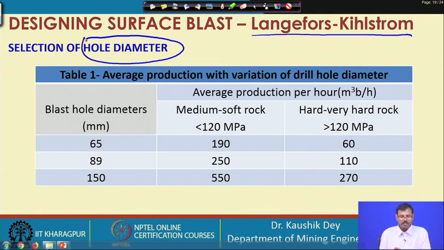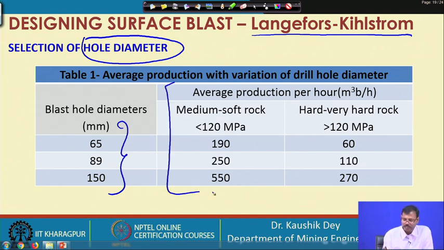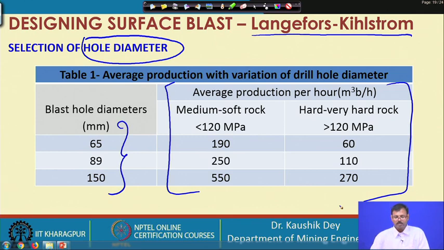So, the designer first has to choose the diameter of the hole, then the rest of the parameters can be easily calculated from the blast hole diameter. But Langefors Kihlstrom has given a guideline for the selection of the blast hole diameter. Their guideline depends on the production rate and on the strength of the rock.